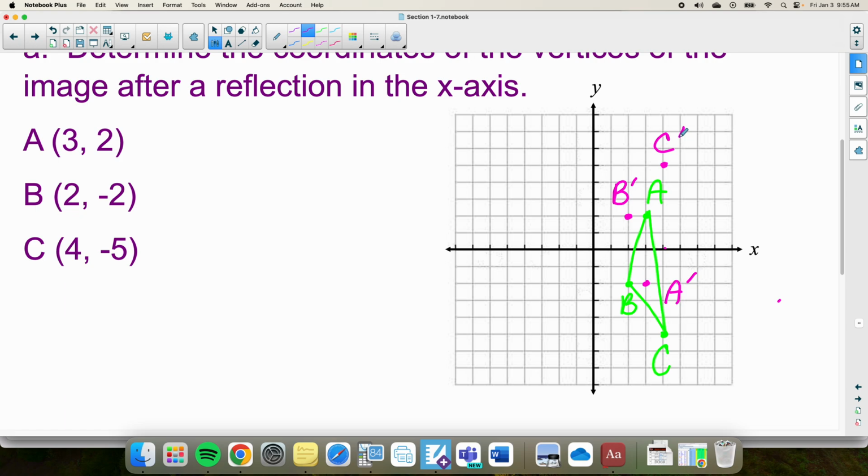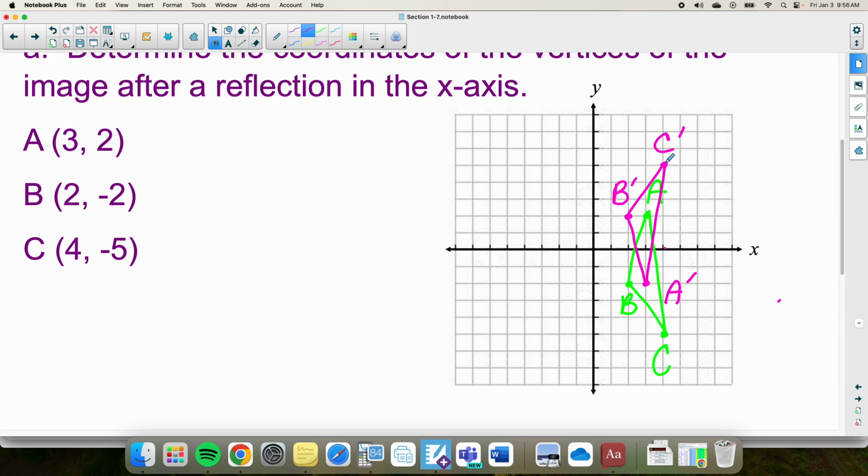So if your point is above the x-axis, it's gonna end up below. If it's below the x-axis, it's gonna end up above. Now I do have rulers in the front of the room that you can use when you go to connect the dots, but that would be our reflected figure. It should be the same size, same shape.